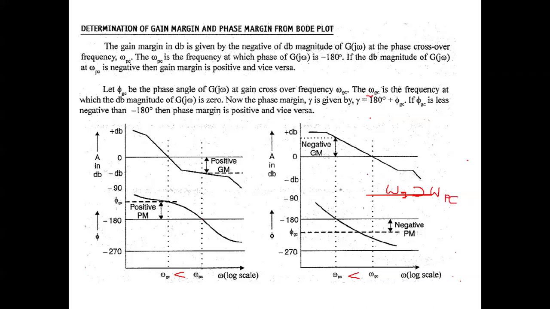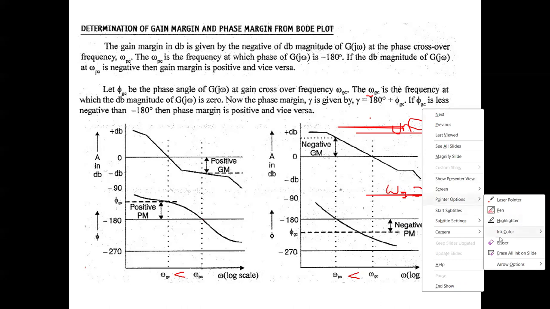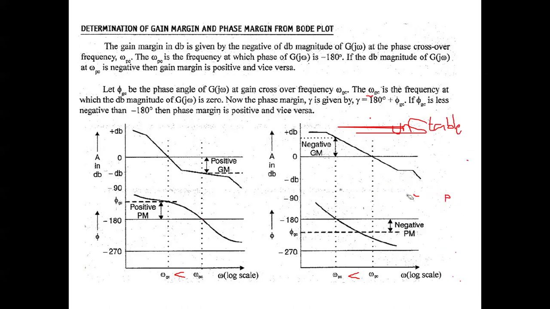Then what will we get as the result? The gain margin is negative as well as the phase margin is negative, and we say that the system is unstable. So omega GC less than omega PC, the system is stable. Omega GC greater than omega PC, then the system is unstable.